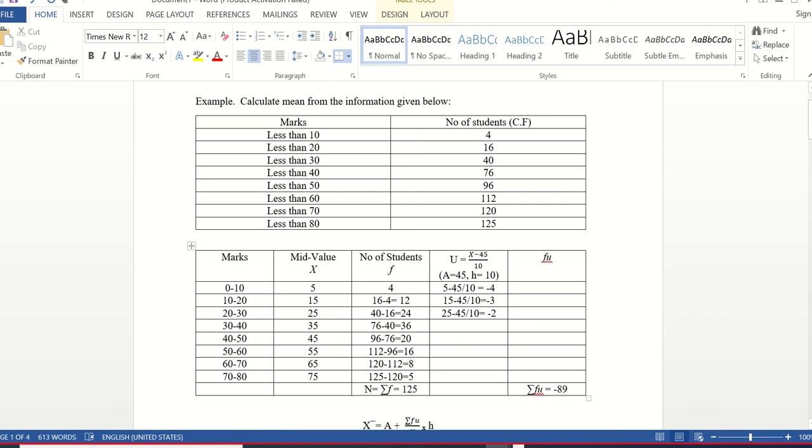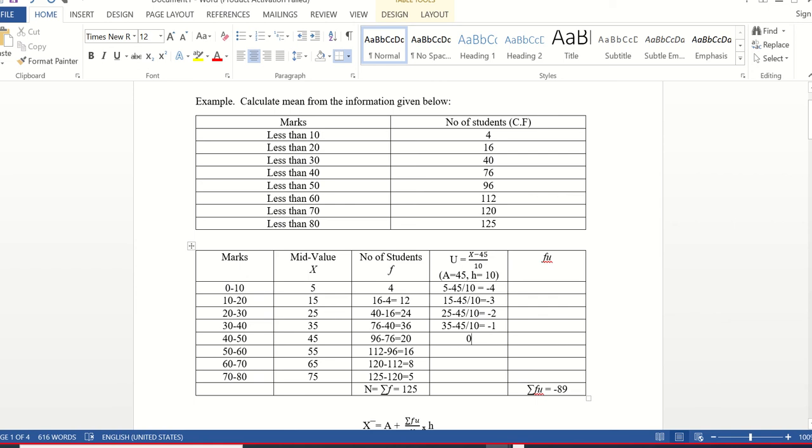Now next is 35 minus 45, which is minus 10. Minus 10 divided by 10 is minus 1. Then 45 minus 45 divided by 10. 45 minus 45 is 0. So here it is 0. Okay. 55 minus 45 is plus 10.